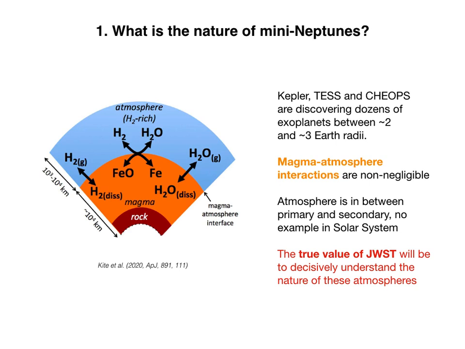For example, the water and hydrogen from these atmospheres can dissolve in the magma, and this also affects the amount of water in the atmosphere. So the atmosphere is somewhere in between primary and secondary, with no current example in the solar system. My opinion is that the true value of the James Webb Space Telescope will be to decisively understand the nature of these atmospheres.